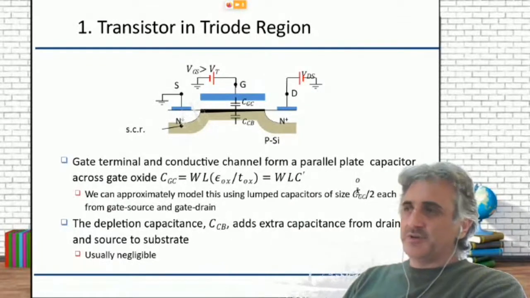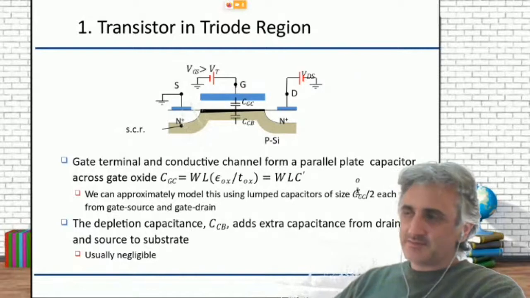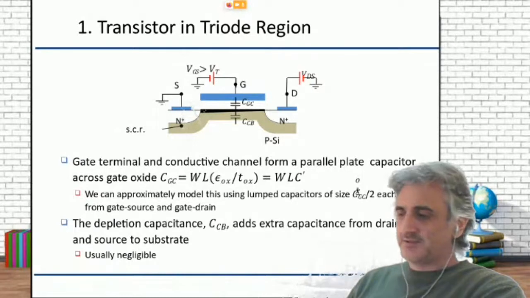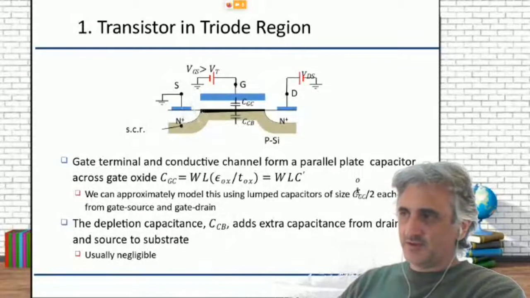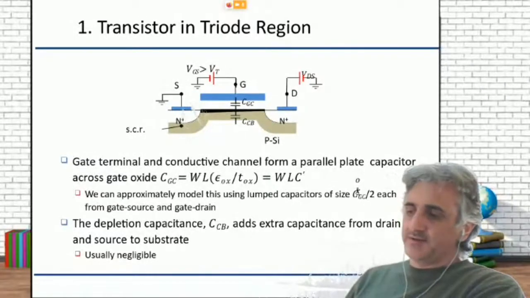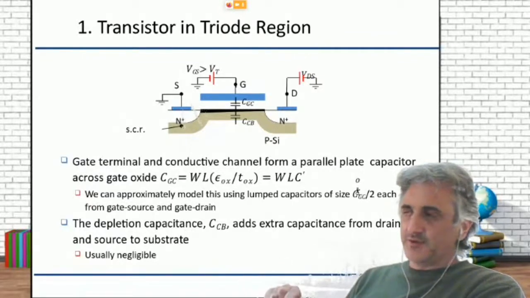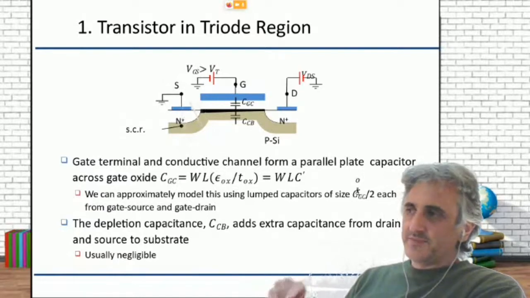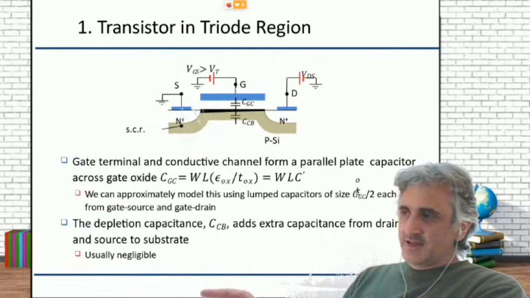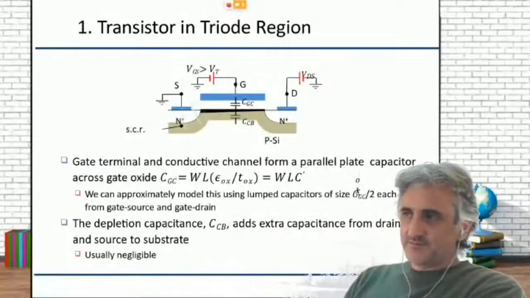It depends on the area of the gate, which is the width of the gate multiplied by the length, W by L, multiplied by the capacitance per area unit of the gate, which is the dielectric constant, epsilon, divided by the dielectric thickness, T_ox.